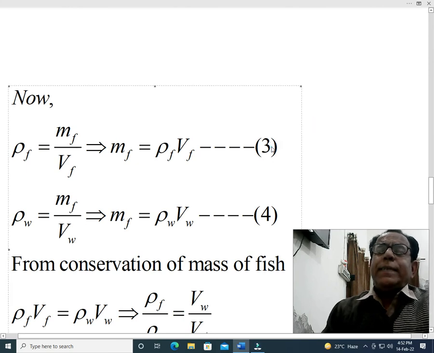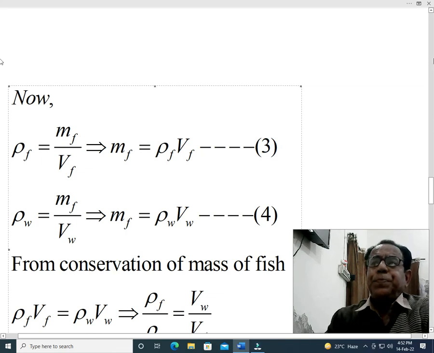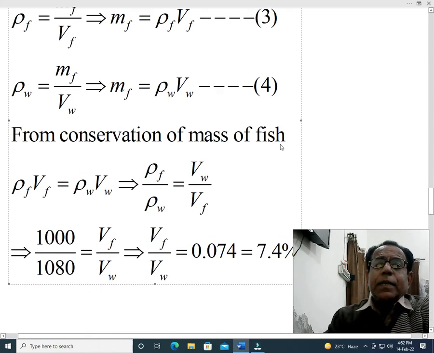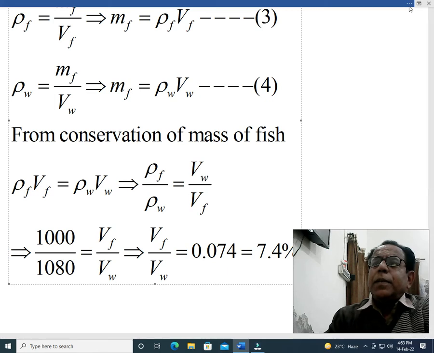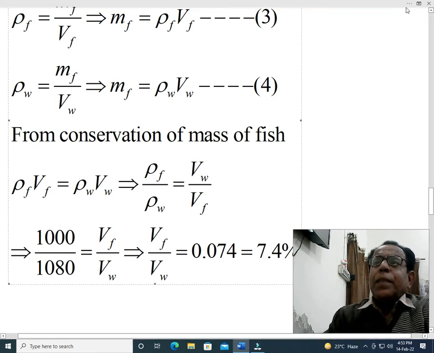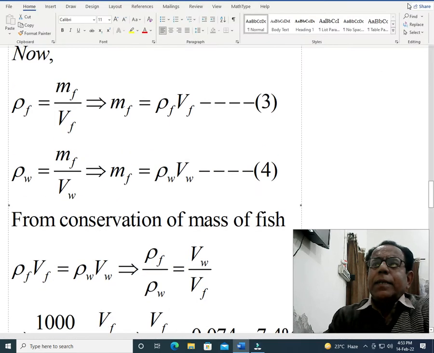Okay, dear students. This is equation number 2 and this is equation number 3.